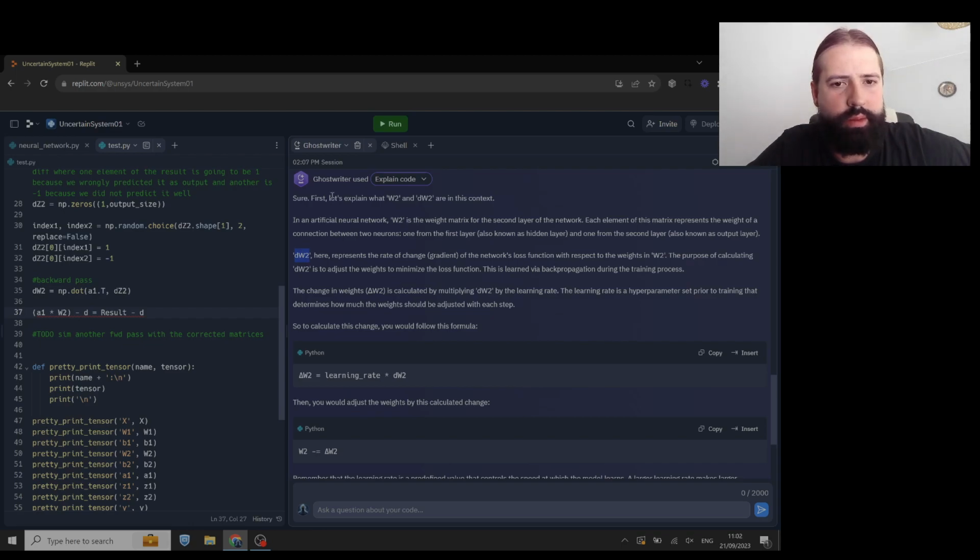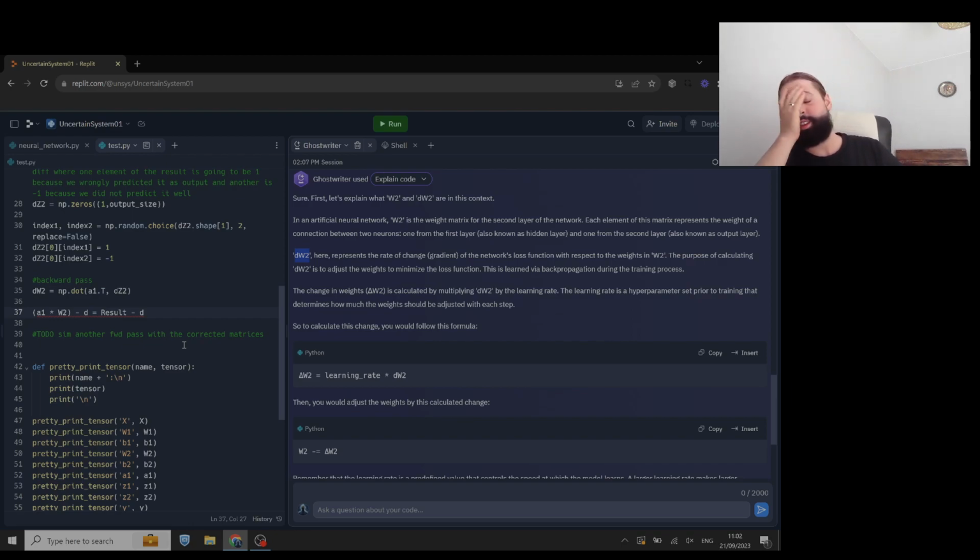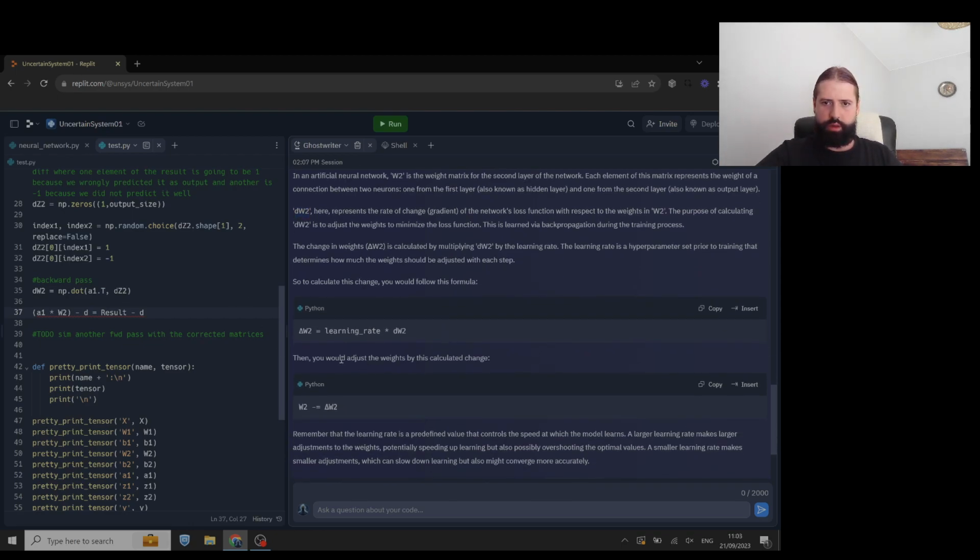That's not dW2, right? dW2 is the rate of change with respect to just the outputs. There's nothing to do with W2 here. That whole thing assumes that dW2 has the same shape as W2.